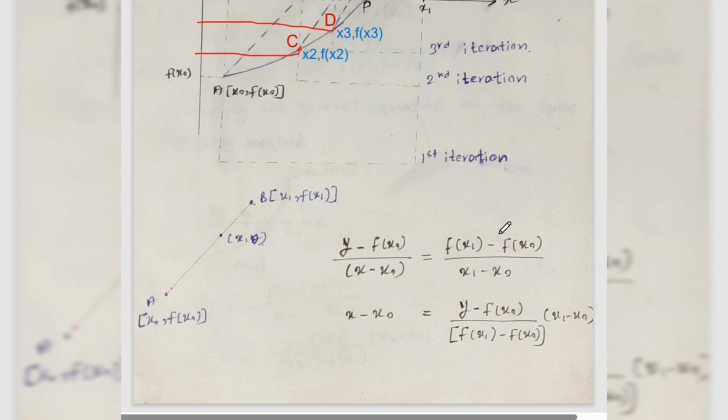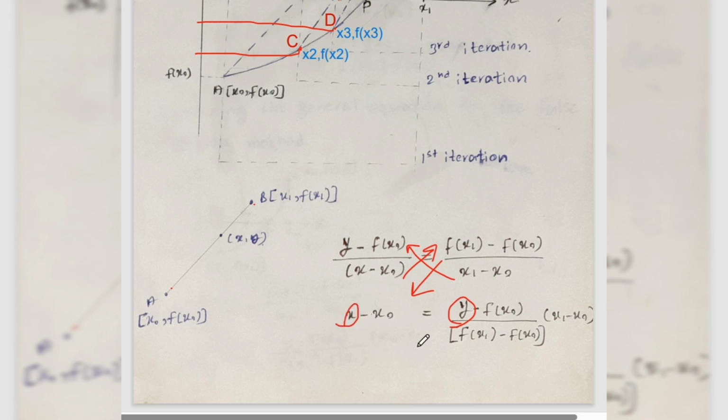After solving this part a little bit, we can get this equation. Here x minus x0 goes to this side, and f(x1) minus f(x0) and x1 minus x0 go to the other sides. So finally we have this equation. Now when the straight line AB intersects the x-axis, y is equal to 0 and x is equal to x2.